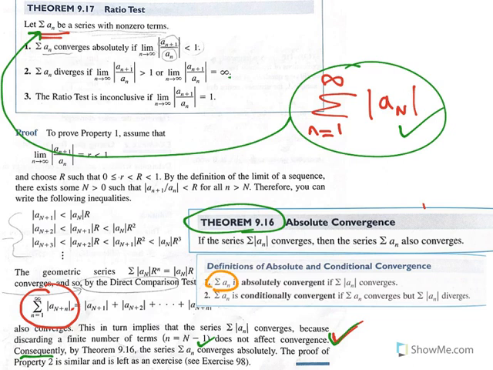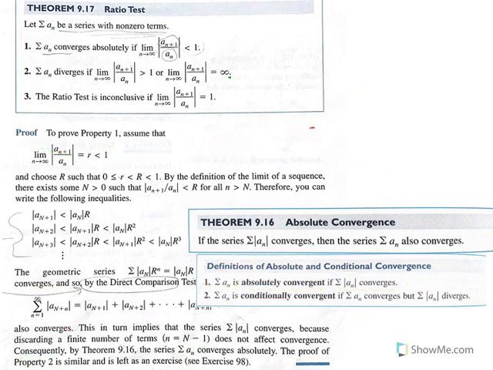You can see here that a signed series is absolutely convergent if its corresponding absolute value series converges. So we have shown that the signed series must converge absolutely. So that's the proof of property 1 of the ratio test.